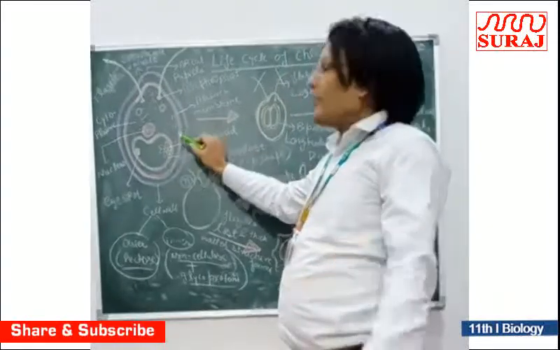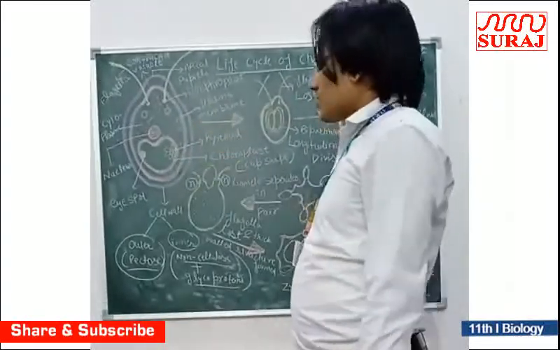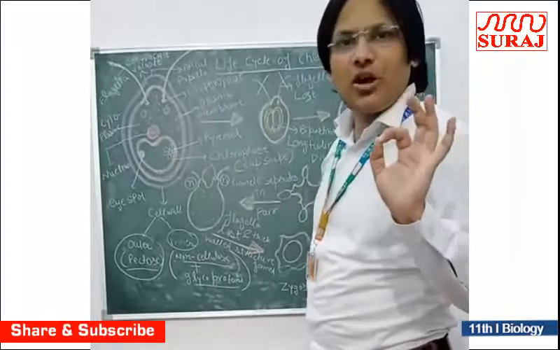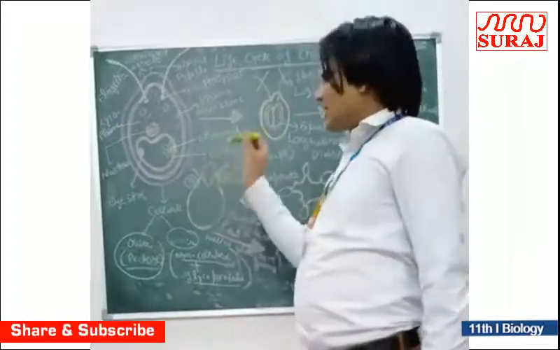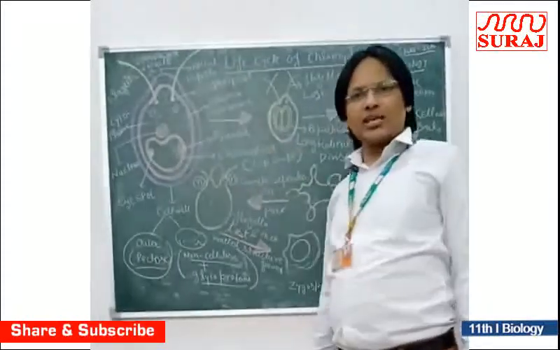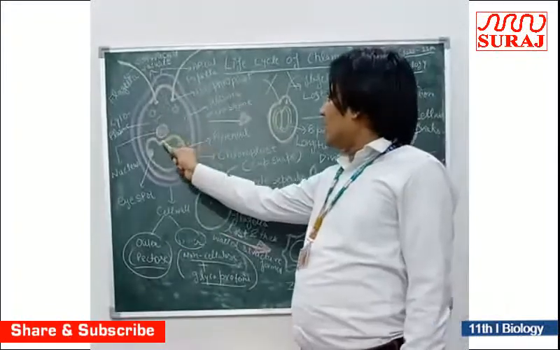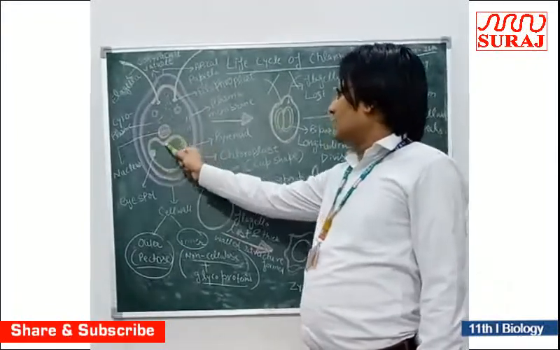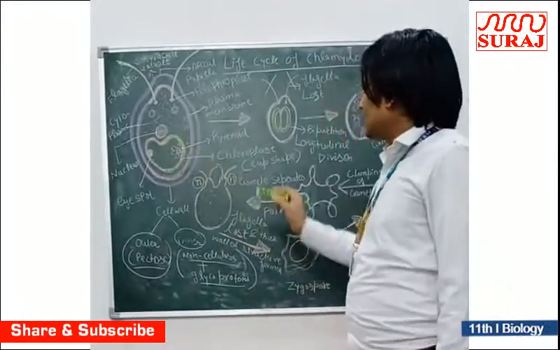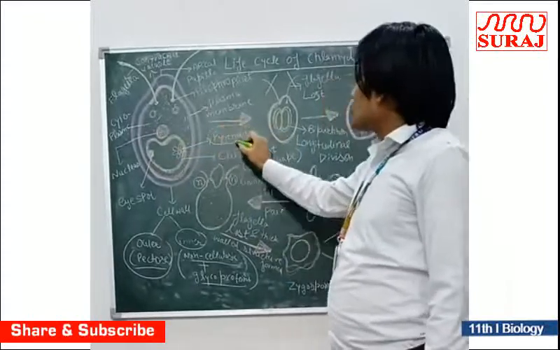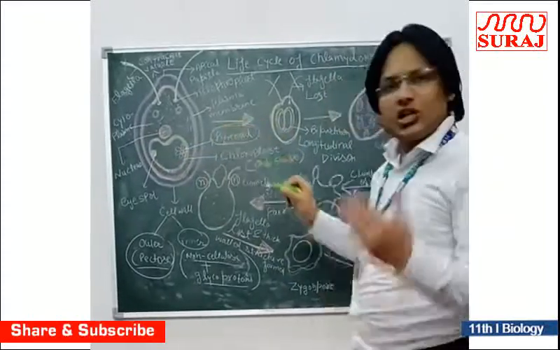You know very well about the plasma membrane. Next, what is the characteristic feature of Chlamydomonas? It is the presence of a cup-shaped chloroplast that contains a starch storing body, the pyrenoid, which holds reserve food material.